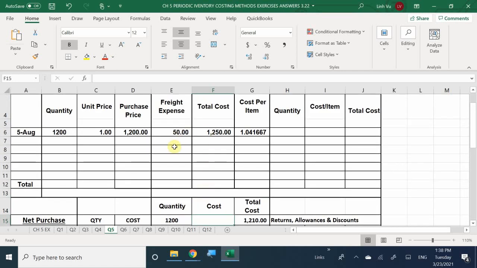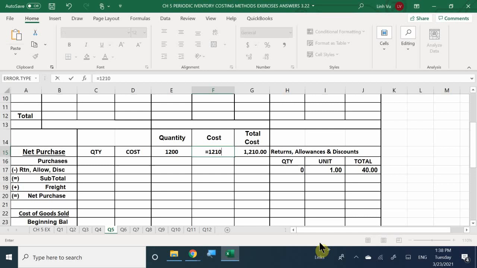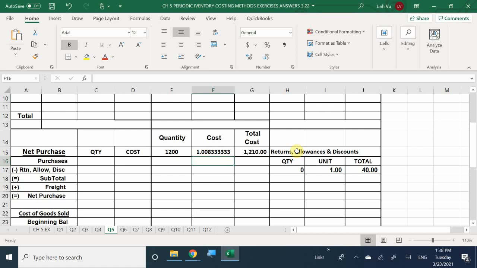So I started out with 1,200 at 1,250. Now I'm down to 1,210. So I'm going to resolve and recalculate my new cost per item, which is going to be my 1,210 divided by my 1,200, which should give me now 1.008333333.